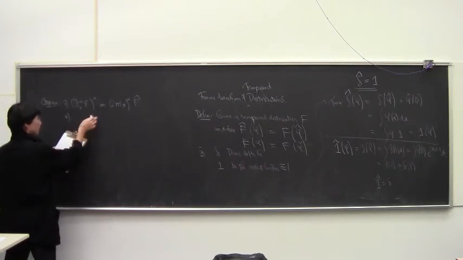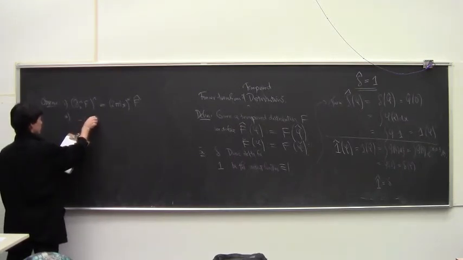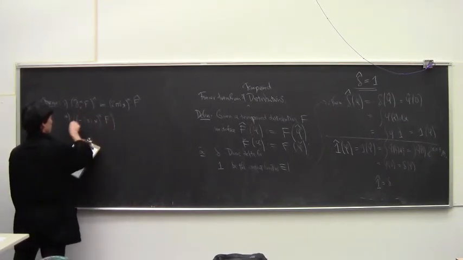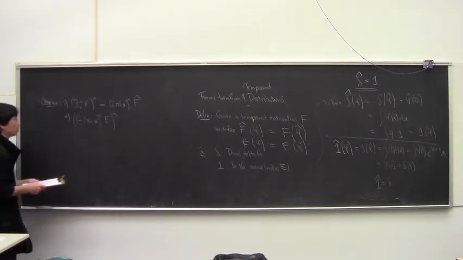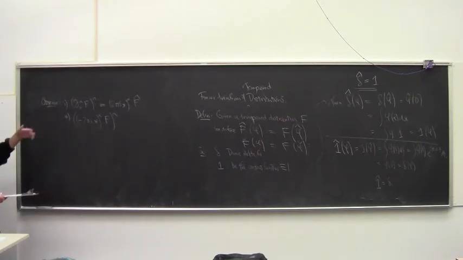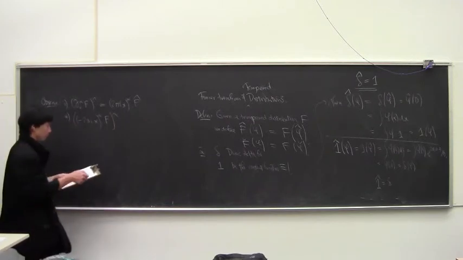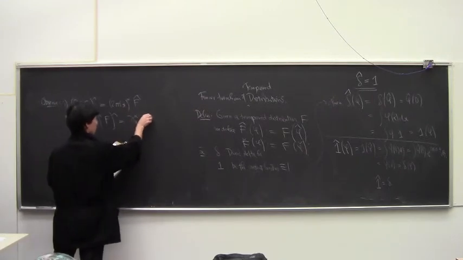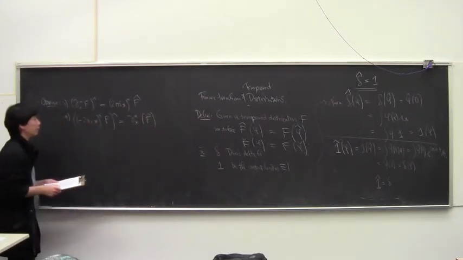And then we also have the converse. If you take the Fourier transform of the appropriate monomial times f, well, you get the derivative of the Fourier transform.